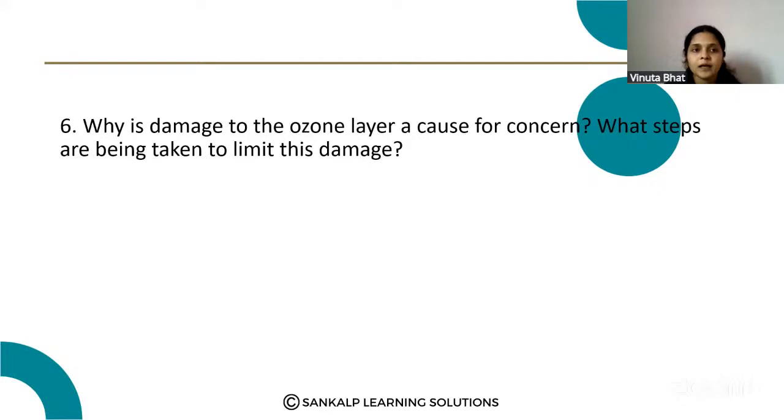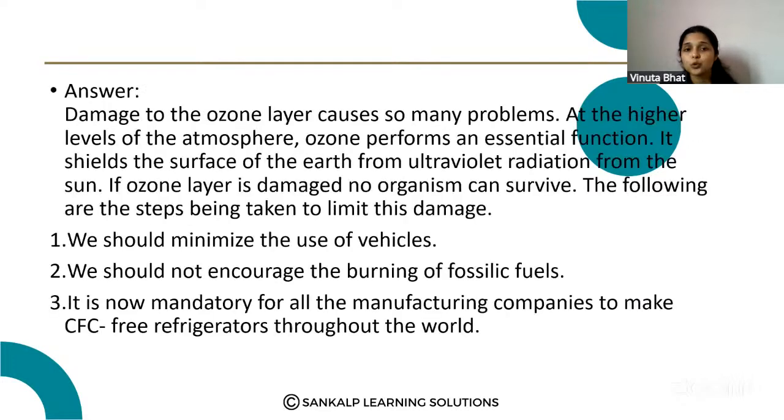Yes, here. Damage to the ozone layer causes so many problems. At the higher level of the atmosphere, it performs an essential function. It shields the surface of the earth from the ultraviolet radiation from the sun. So that protects the earth's atmosphere.